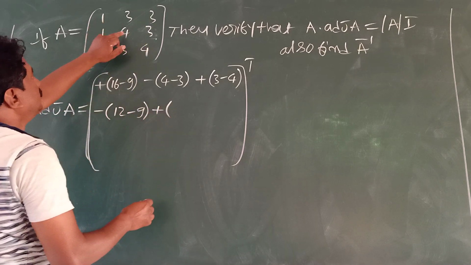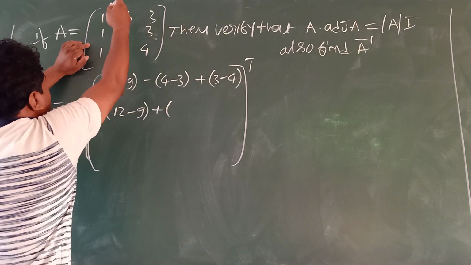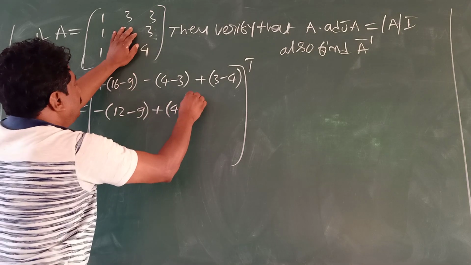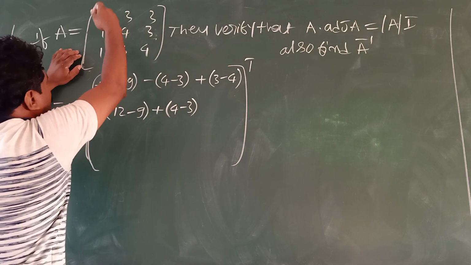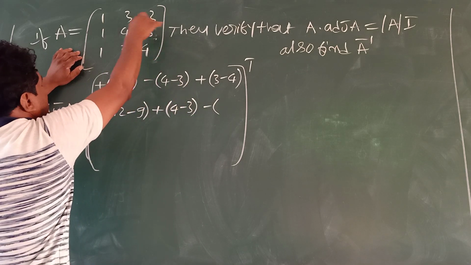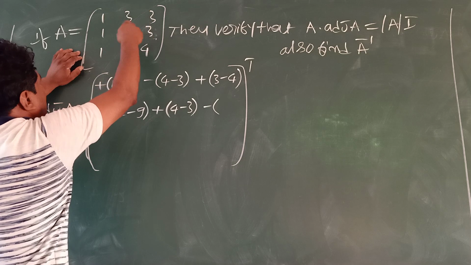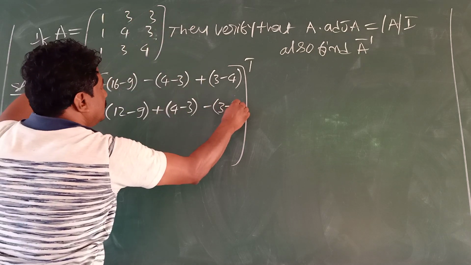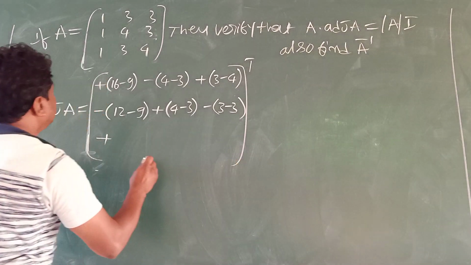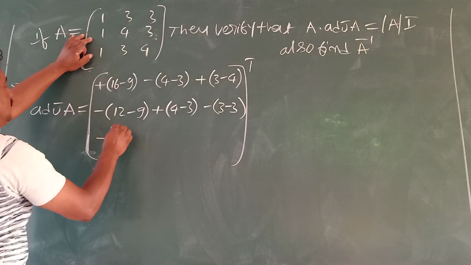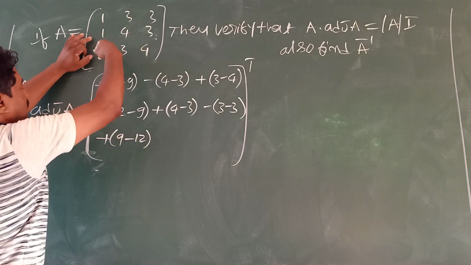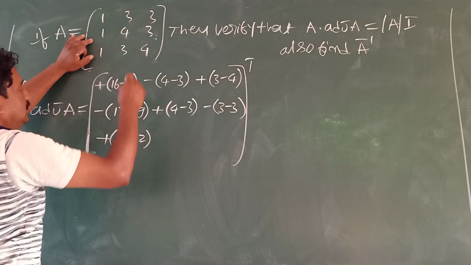Plus, the middle element: 4 minus 3. Minus, the next element: 3 minus 3. Last plus: 3 3 is 9 minus 4 3 is 12, so 9 minus 12.